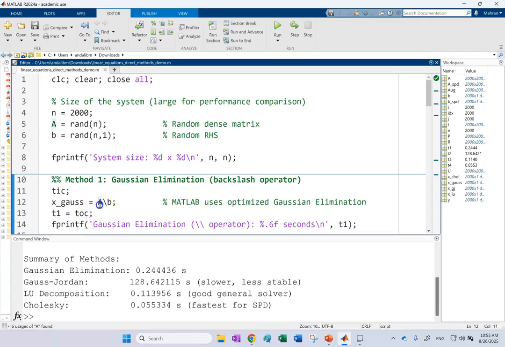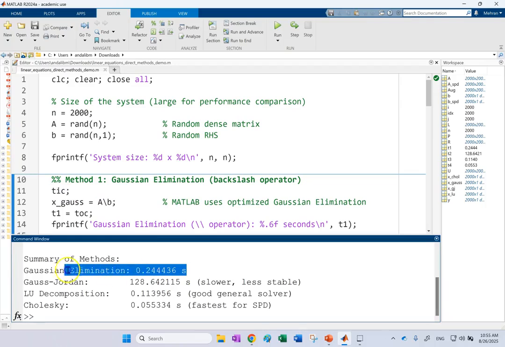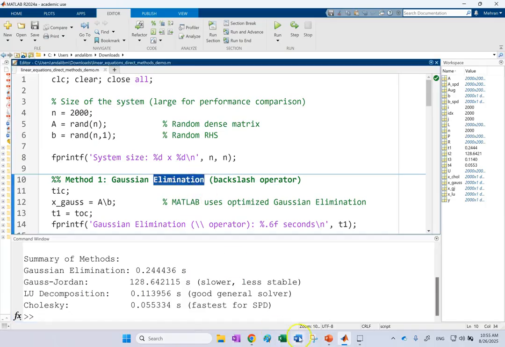And here you see I get the solution and I put a tic toc to see the runtime, and you see the runtime for 2000 equations and 2000 unknowns was only about 244 milliseconds. Okay, about a quarter of a second, which is really fast. Okay, so this command is doing a great job.